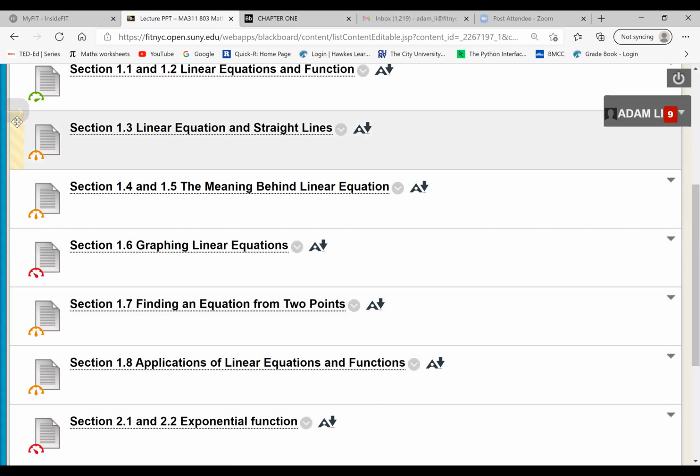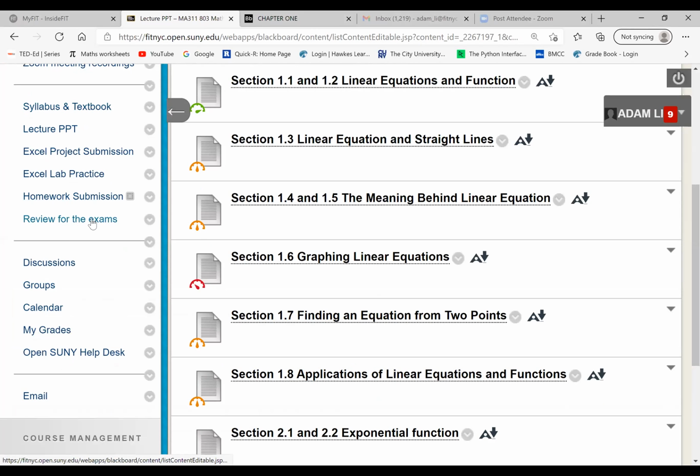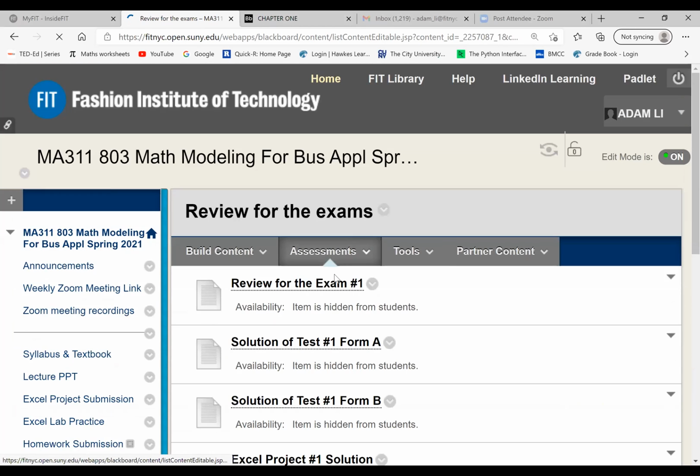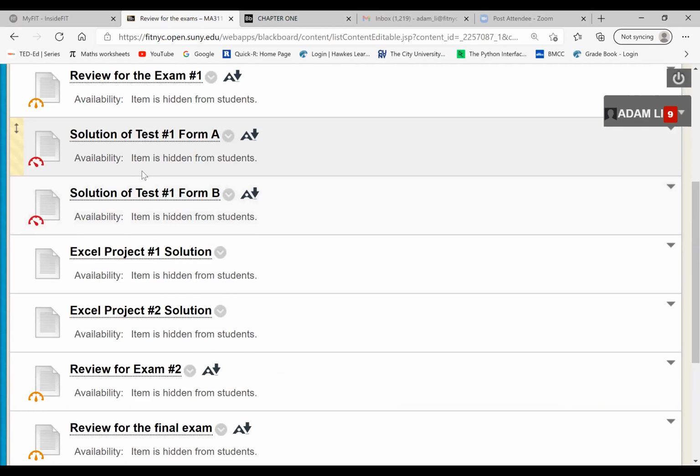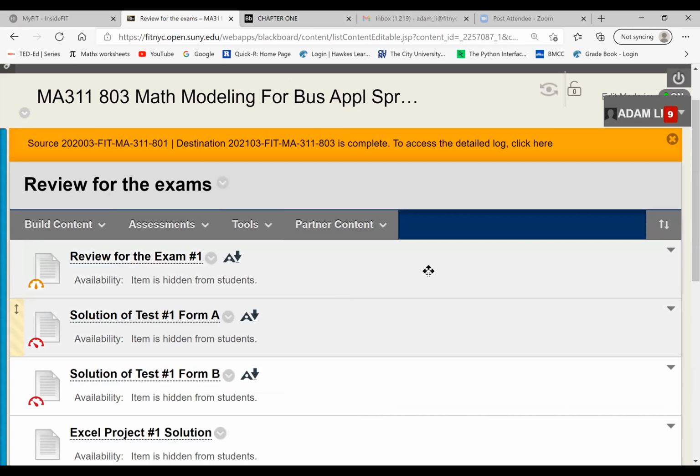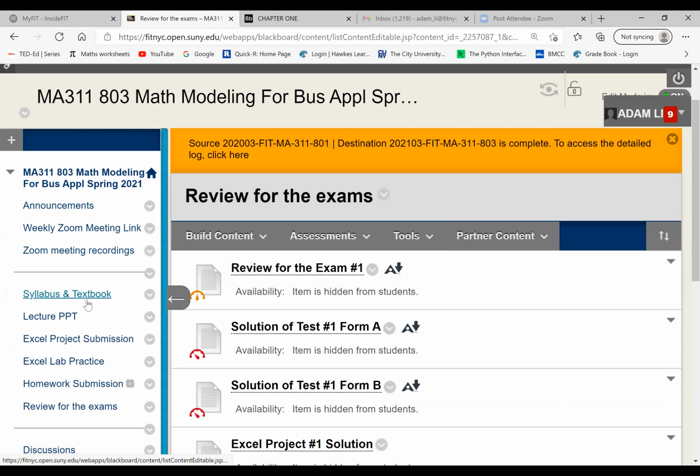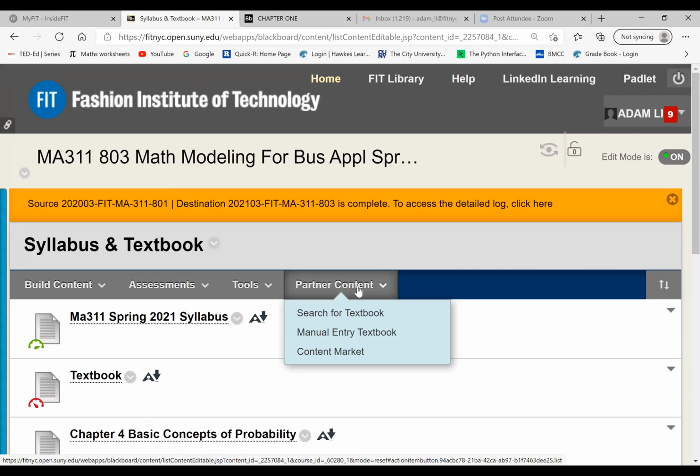I think I posted the review sheet for the exams. Yeah, so it's right here. You can just look at the review for exam number 1. The detailed schedule is in the syllabus. But definitely not next week. Maybe a couple of weeks down the road. We're still on chapter 1.